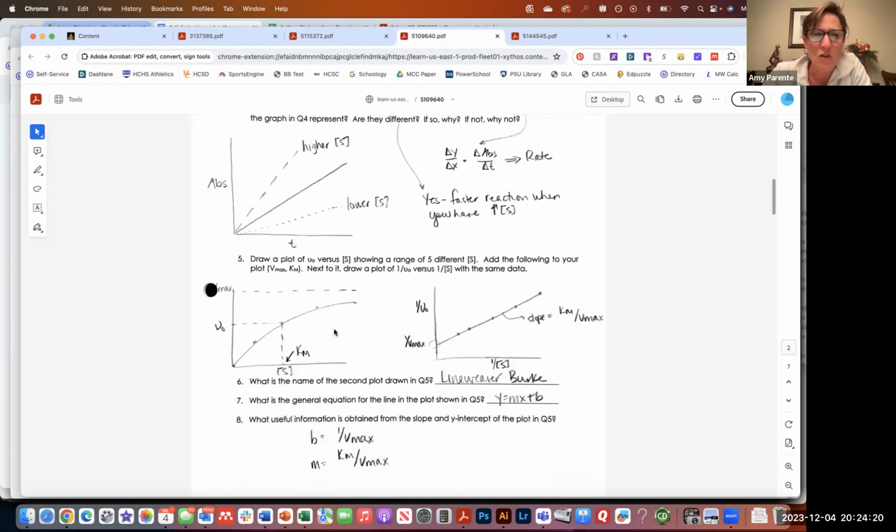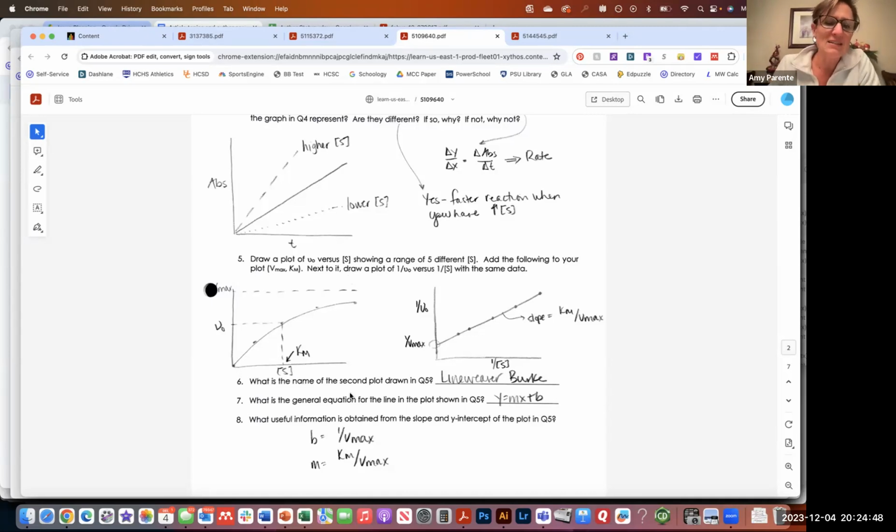This is what I like to call the intuitive plot, the plot that makes sense as we increase the concentration of substrate. Remember, there are 3 plots on here, but when we do a single plot with absorbance as a function of time, we're looking at one substrate concentration. And so that's going to create one of these points here. As we increase substrate concentration, our reaction is going to get faster. And theoretically, we are going to approach Vmax.